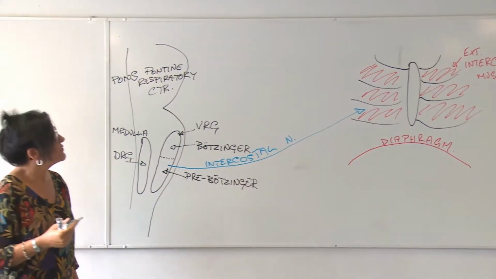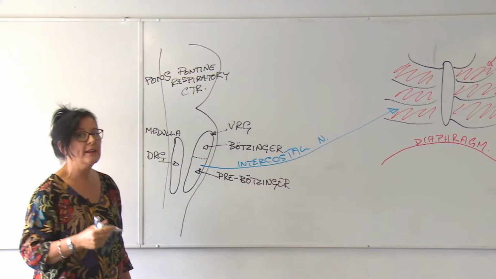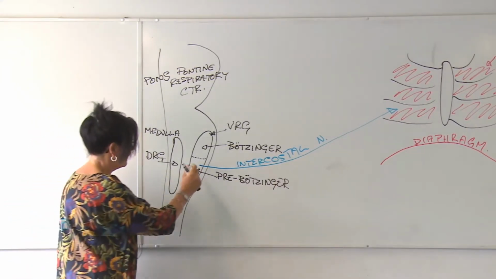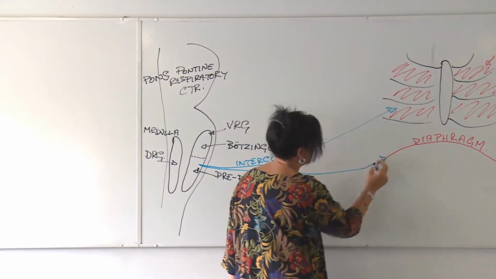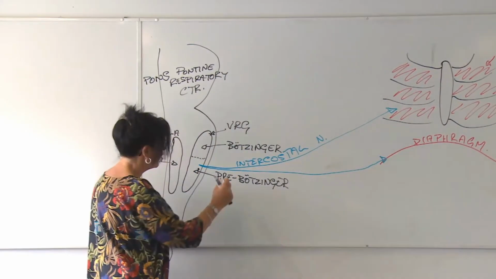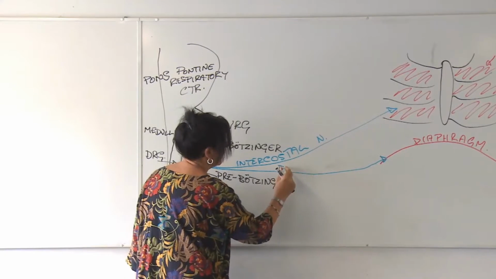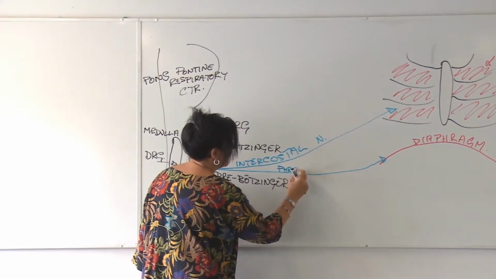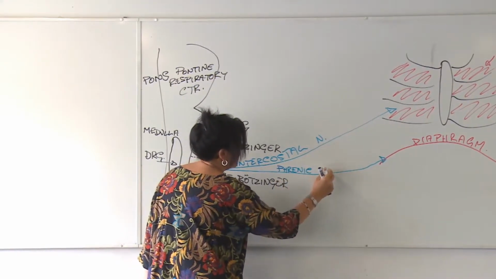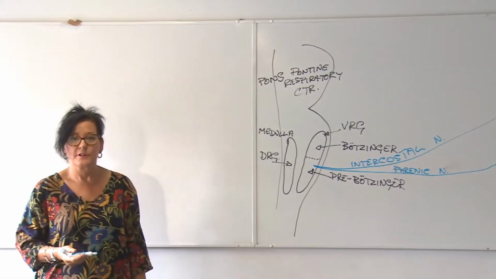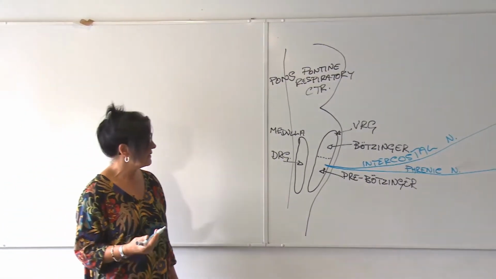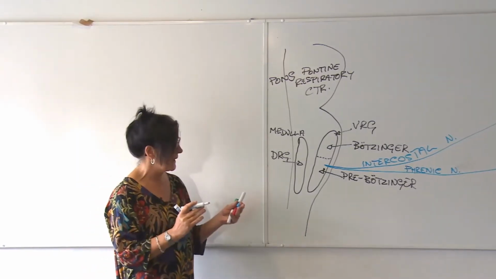Also, to the diaphragm, we have the phrenic nerve. So off we go to the diaphragm from the pre-Bötzinger complex with the phrenic. And both of these are efferent nerves. Yes, so action potentials are coming out.